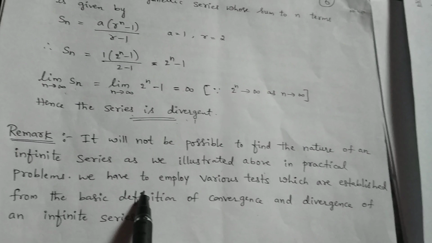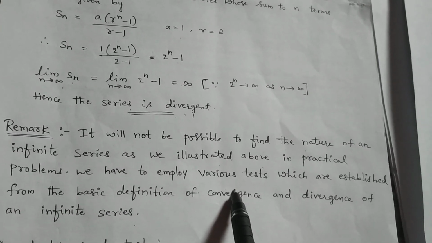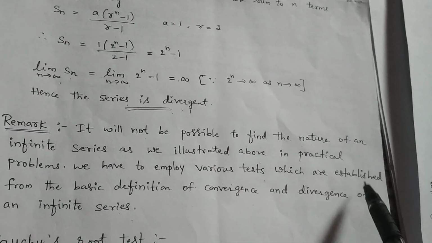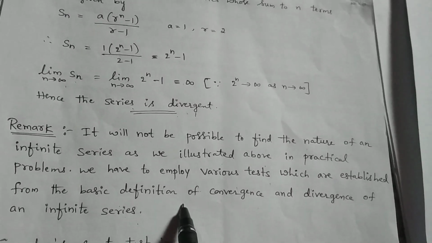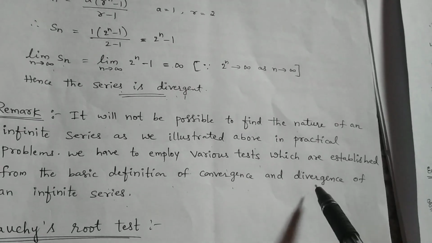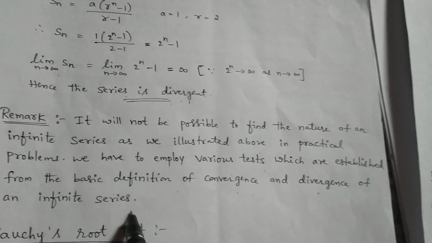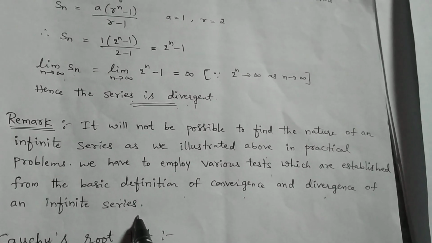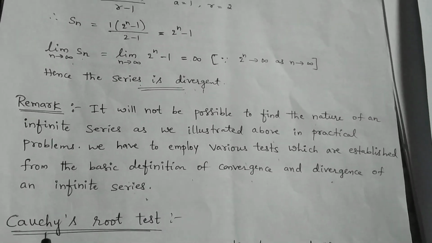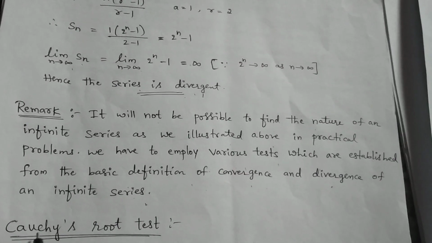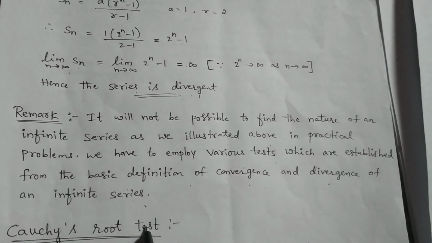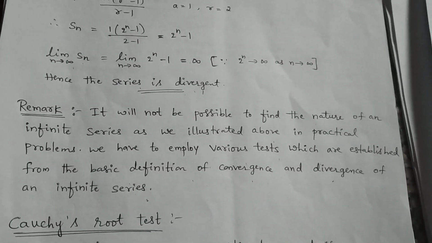Therefore, we have to employ some tests which are established from the basic definitions of convergent and divergent infinite series. According to your syllabus, you have two tests: one is Cauchy's root test, the other is D'Alembert's test.